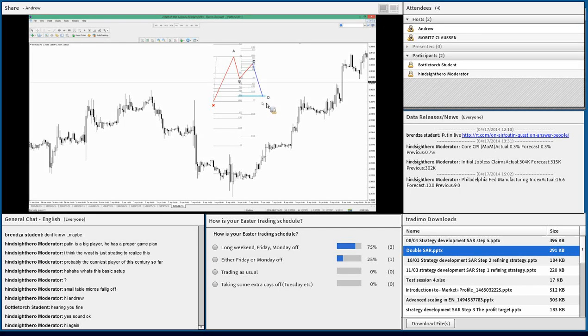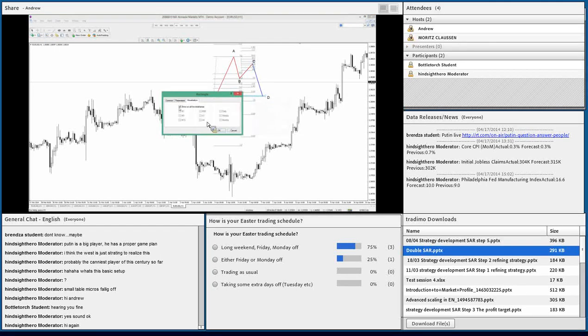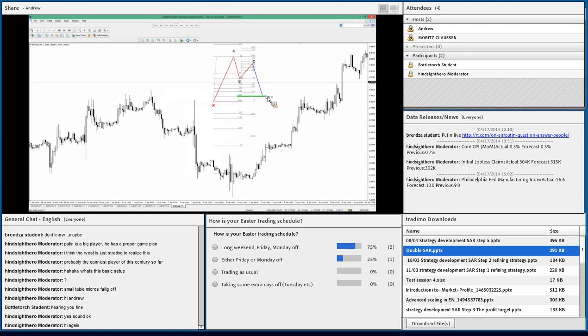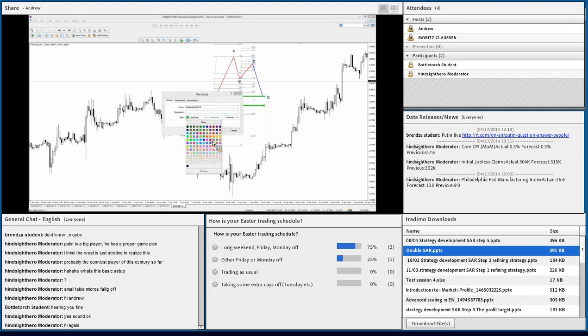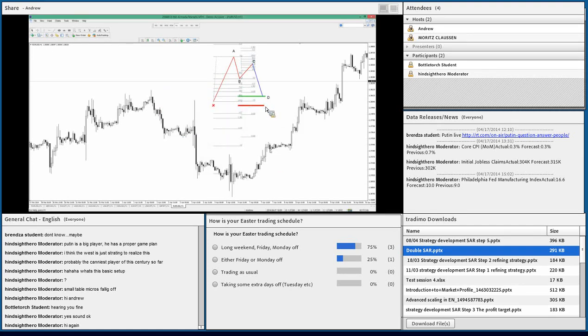What I will do, most of the time, is just put a limit order in at the 886 area. So it would be something like this. My buy order would go at the 886 level, and my stop loss would go below the low of point X, like that.